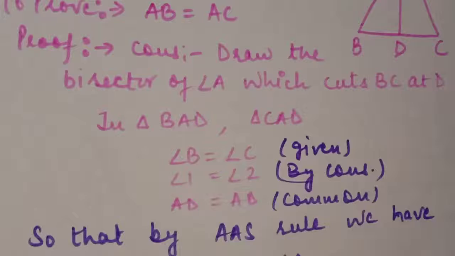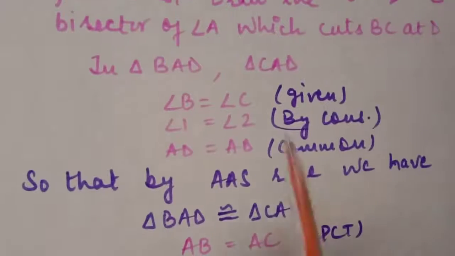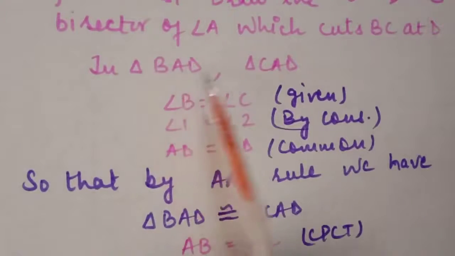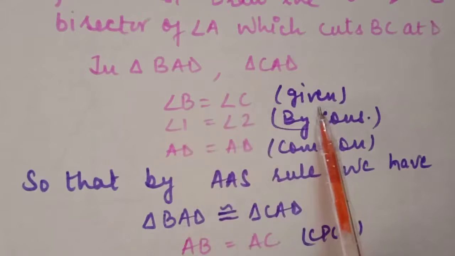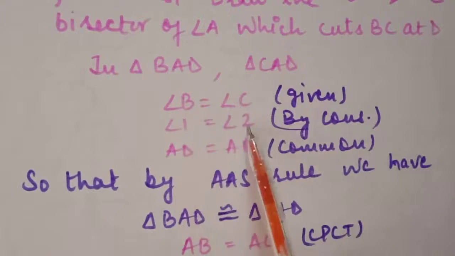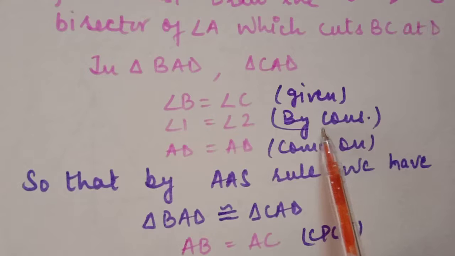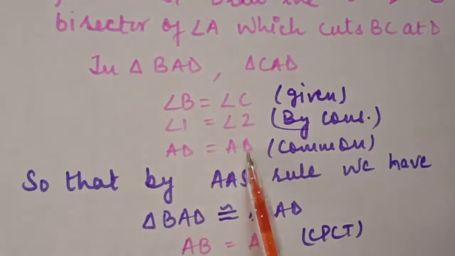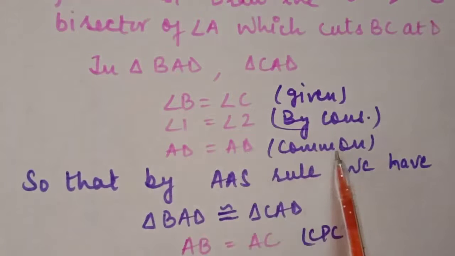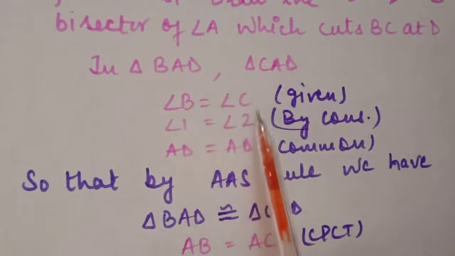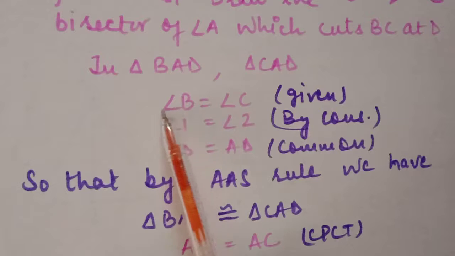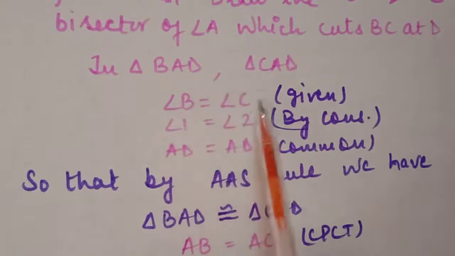So students, in triangles BAD and CAD, angle B and angle C are equal to each other. It is given. Angle 1 and angle 2 are equal by construction, and AD is equal to AD because it is common. I think if you remember your previous theorem, all things are the same. In that theorem, we had to prove this.